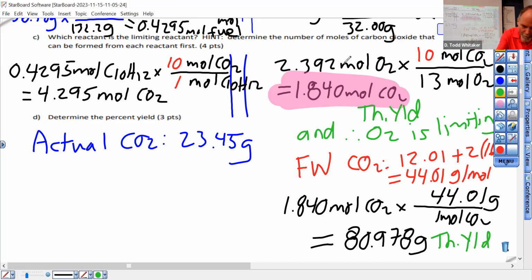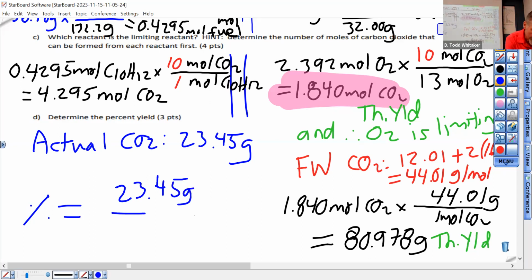Percent yield: actual over theoretical. You never get, well, only in lab do we get more than 100% for reasons that are lab reasons. 23.45 is the actual grams. 80.978 was the theoretical grams. I need a percent with no units.